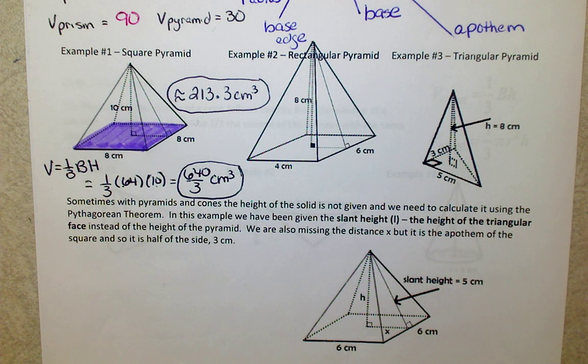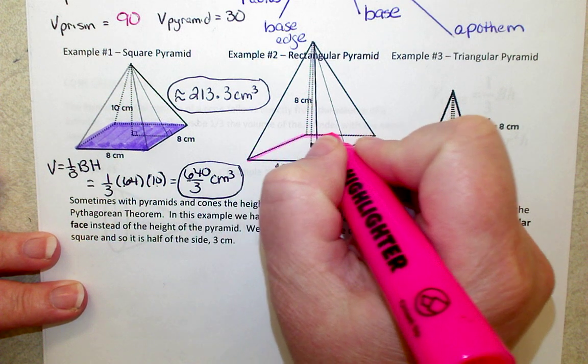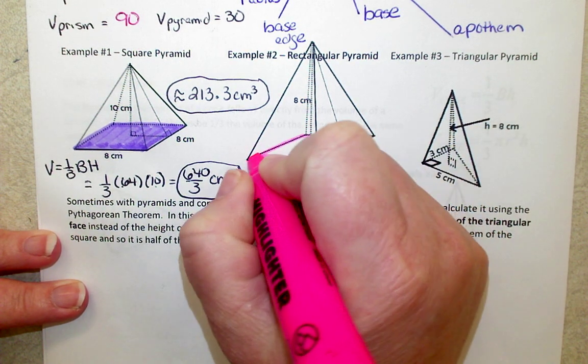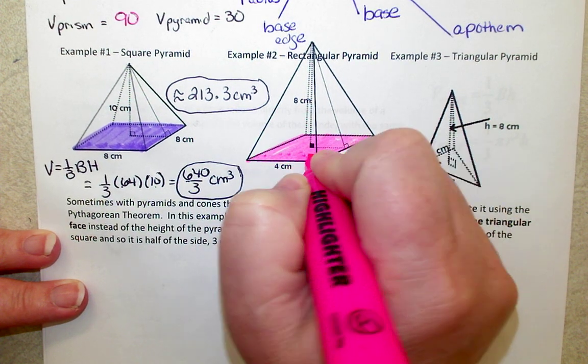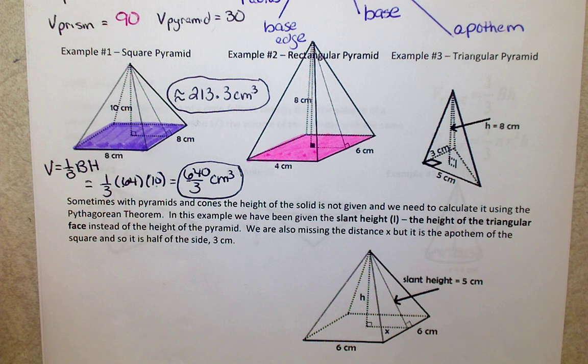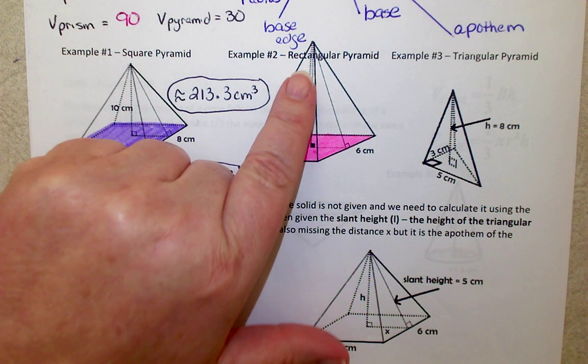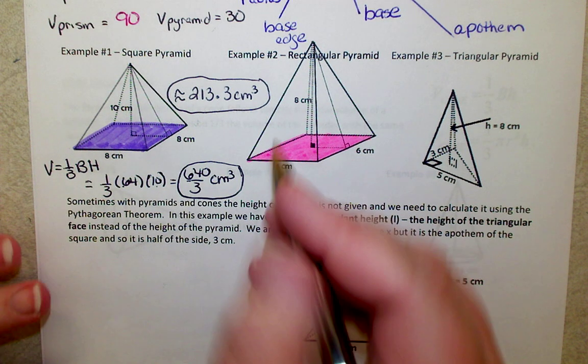All right. For example 2, here's our base. We can see that this is a 4 by 6, so it's not a square, it is a rectangle, hence the name rectangular pyramid. Still going to do the same formula.